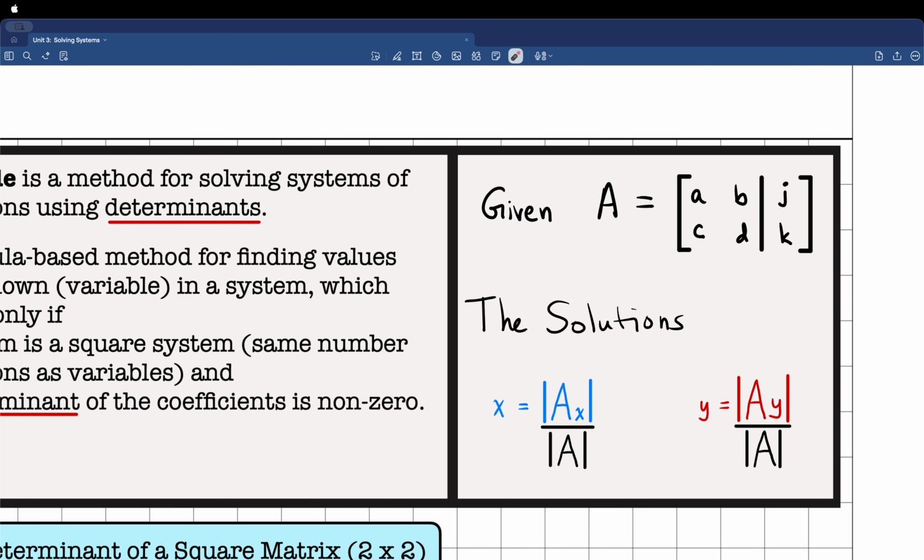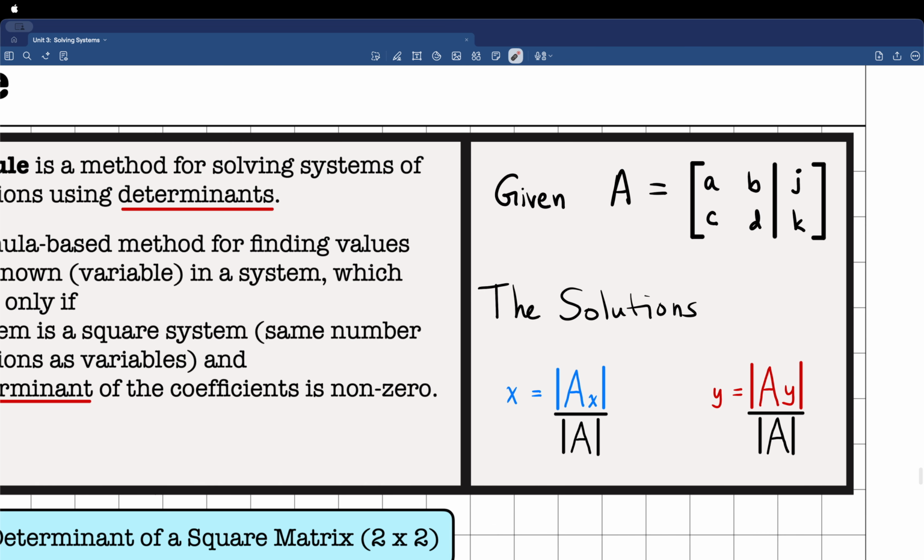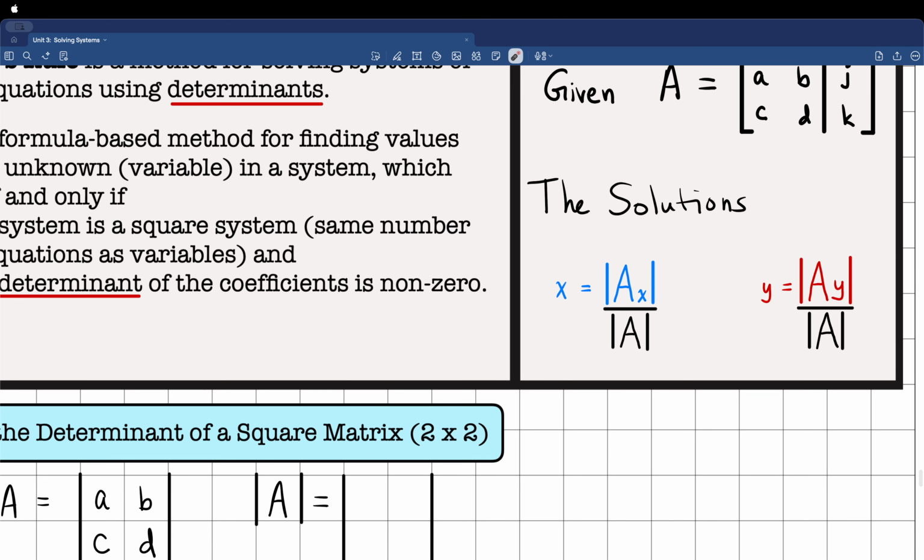The solutions can be found as X is equal to the determinant of the X solution, so that's the blue component here, divided by the determinant of the coefficients. And the solution for Y can be found by taking the determinant of the Y solution divided by the determinant of the coefficients.